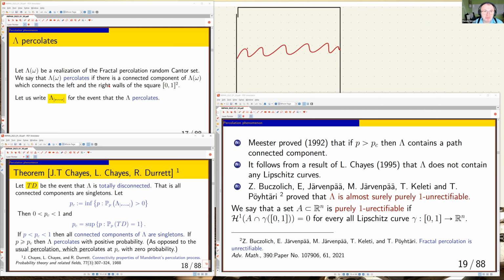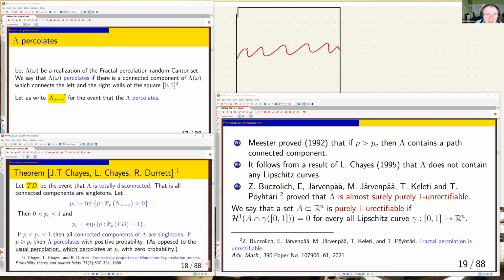Lambda connects somehow. This omega means just the realization of lambda. So for some realization, it percolates. Sometimes it doesn't percolate. If lambda connects the opposite walls of the unit square, then we say that it percolates.